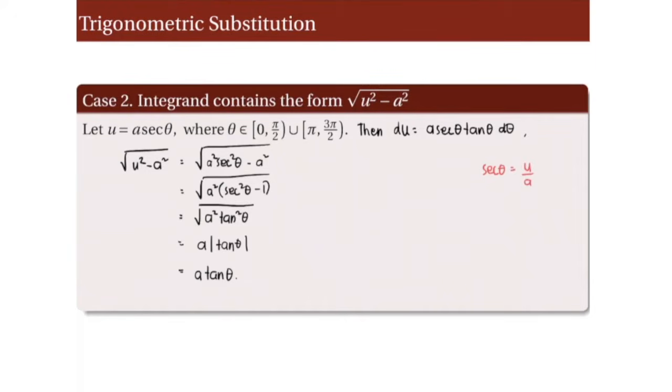So if we're taking a look here at this triangle, and sabihin natin for this case na ito sa theta, then the hypotenuse is u, the adjacent here is a, tapos yung magiging opposite side niya would be the square root of the hypotenuse squared minus the leg squared. And so you could retrieve now tangent, cotangent, cosecant as well, sine and cosine.